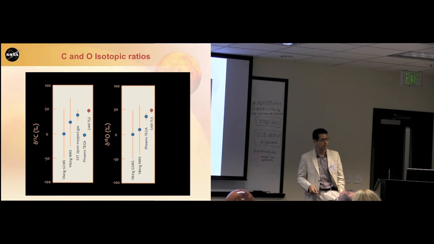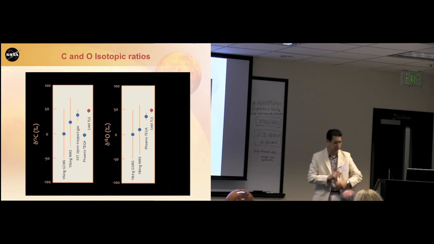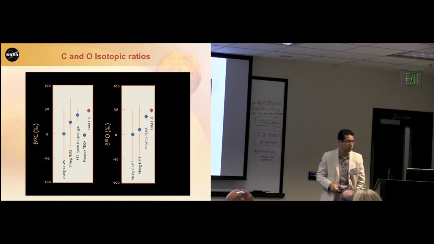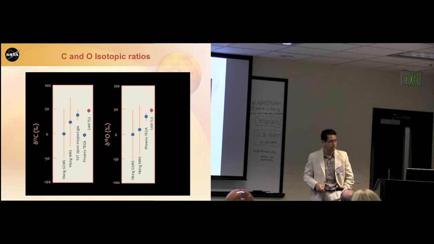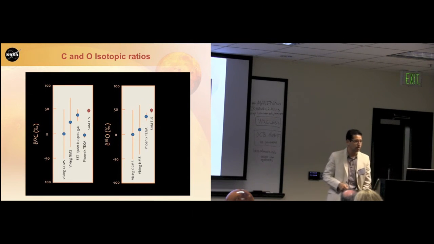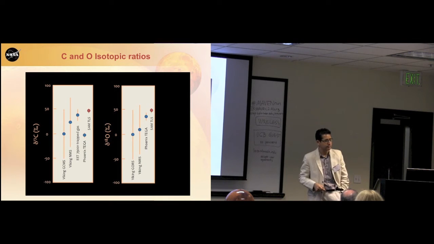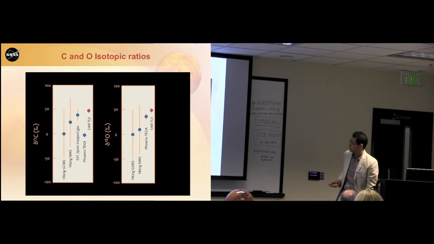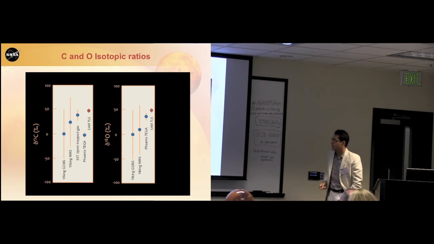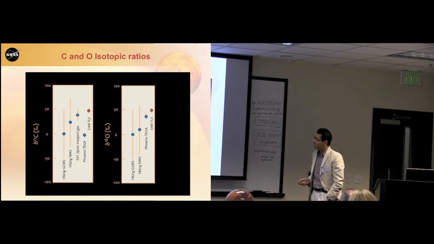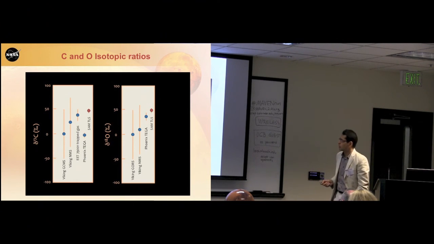So my question is, you said on the Phoenix one that you were pushing the instrument to do something it wasn't really designed for. So how come the error bars are so small and the number is so totally different from what you got with SAM? Very good question.